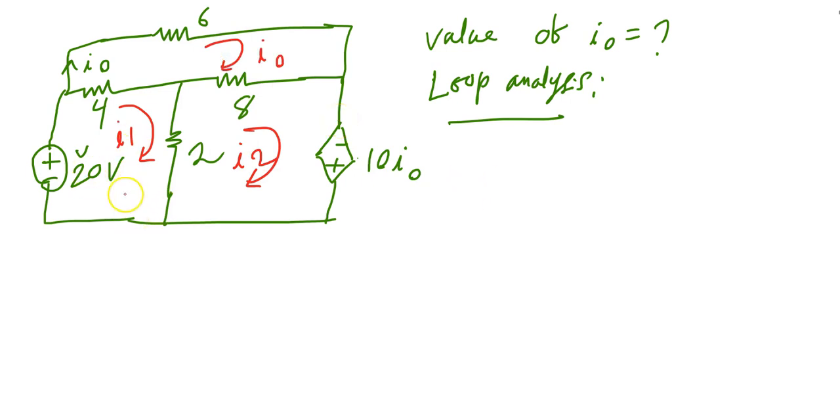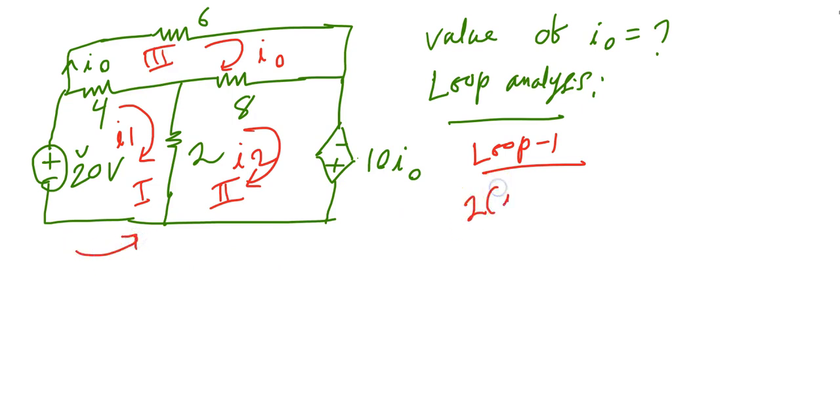So one by one we write KVL for each loop. So loop 1, loop 2 and loop 3. In loop 1 I will traverse this way. So 2 into (I1 minus I2), plus 4 into (I1 minus I0) is equal to 20.